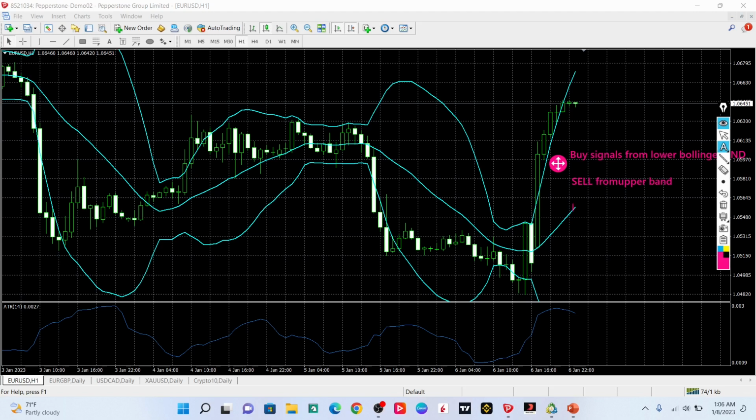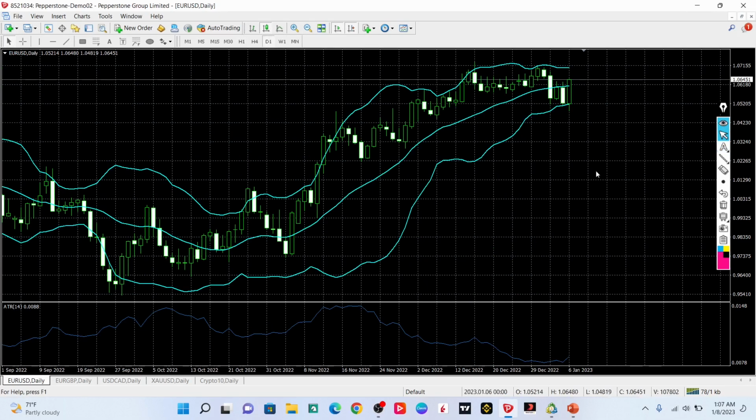And then we also get a breakout after a squeeze. Breakout after a squeeze, that is what we said. I don't want you to forget it. And it works best in a higher time frame. That also should be noted. So that's how we shall be using the Bollinger Band.